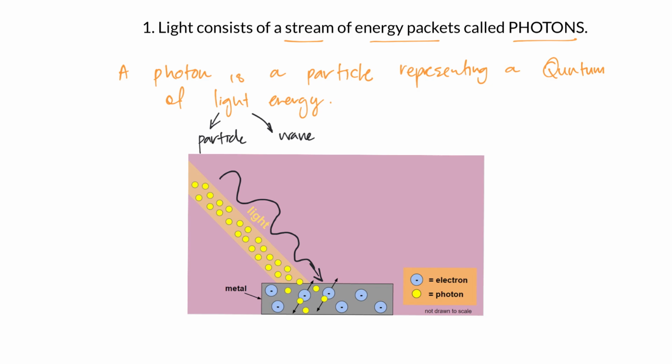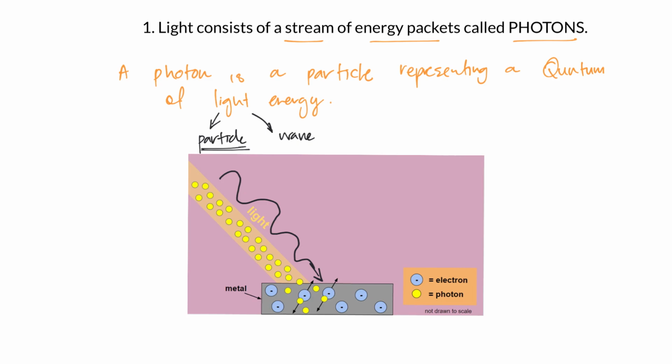But at the same time, within the light, the particle part is called a photon. There's a name for it. So it comes in as a transverse wave that's perpendicular to each other, but inside there's a particle part of light that is called a photon.